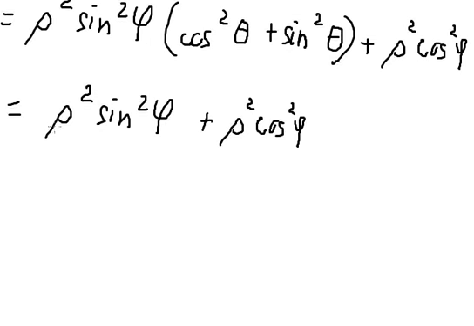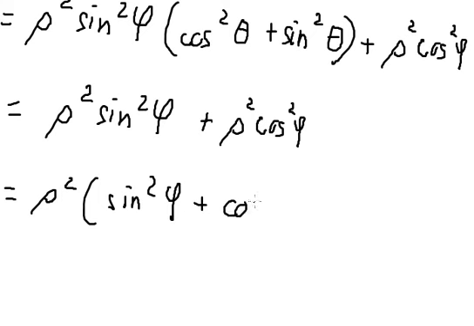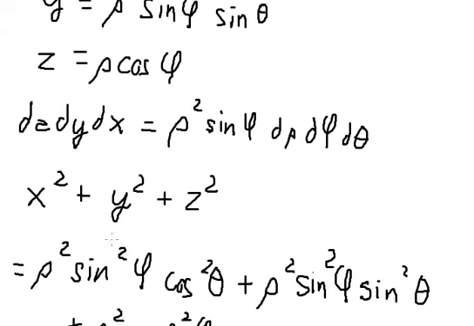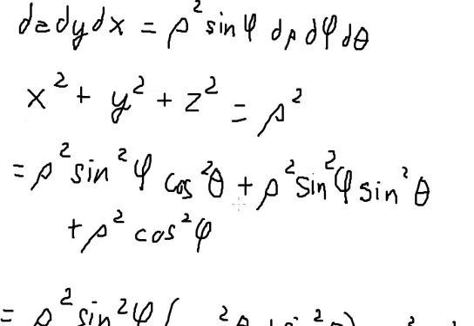So we have rho square and rho square. We can do factorization. This one equals number 1, so we have rho square. That means this one equals rho square.